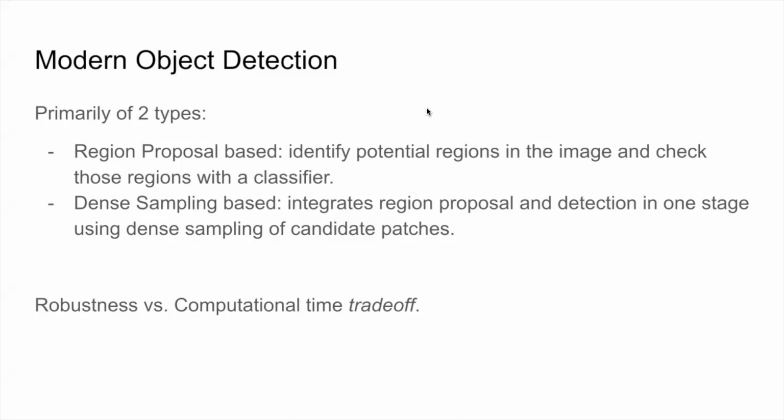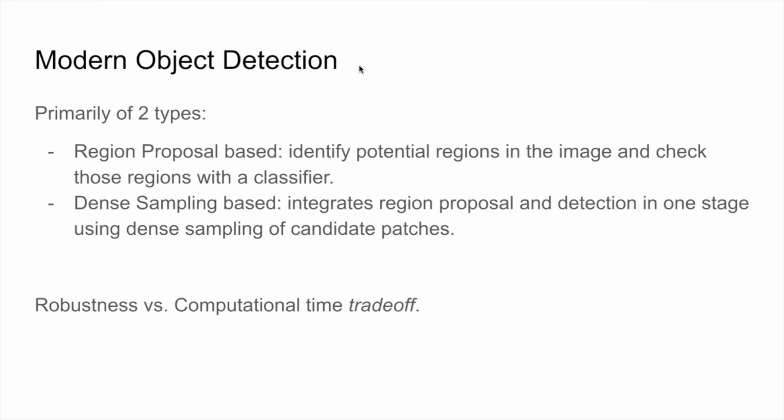Okay, so we'll start with the modern object detection now. It is primarily of two types: one is region proposal based, and one is dense sampling based. The region proposal based works like this.